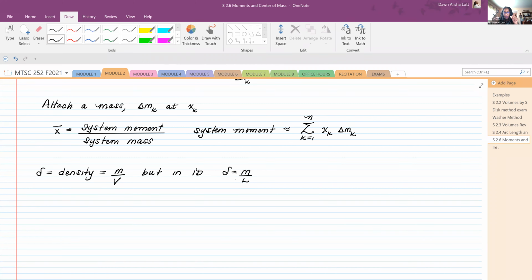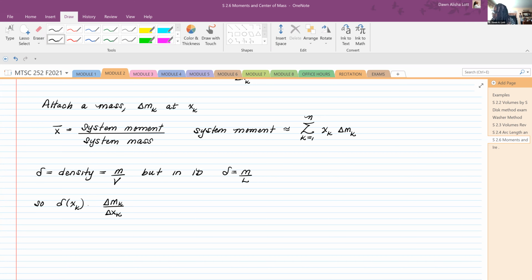So the density at xk is going to be the change in mass over the change in length, and this is approximate.